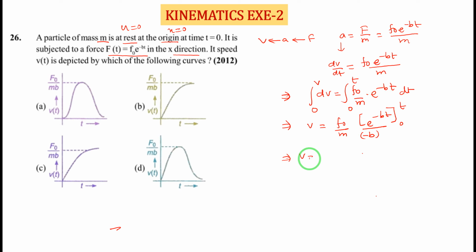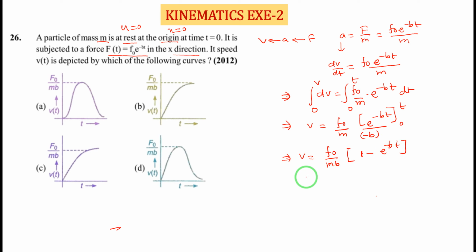On solving this, if I take the minus sign into the bracket, then the limit will change. So I will first put 0, so e to the power 0 will become 1, minus e to the power minus bt.